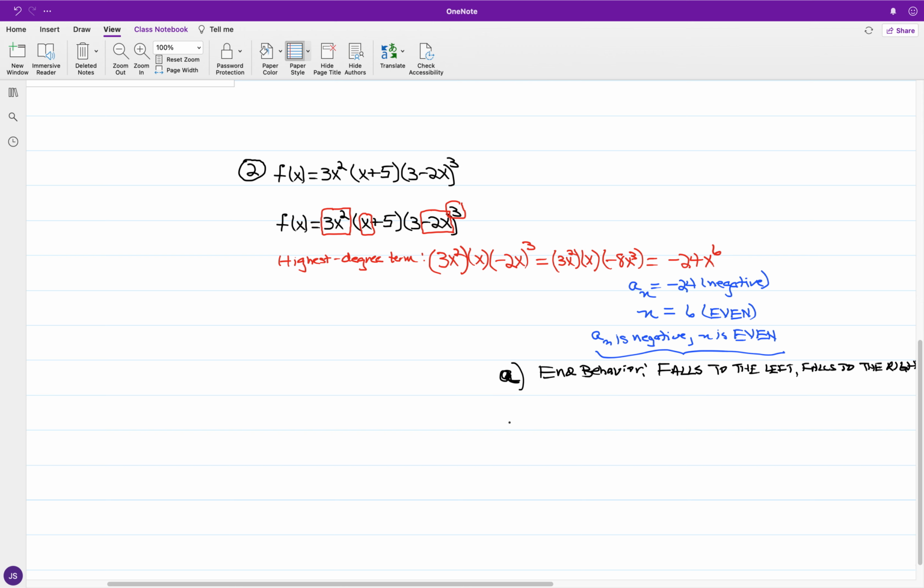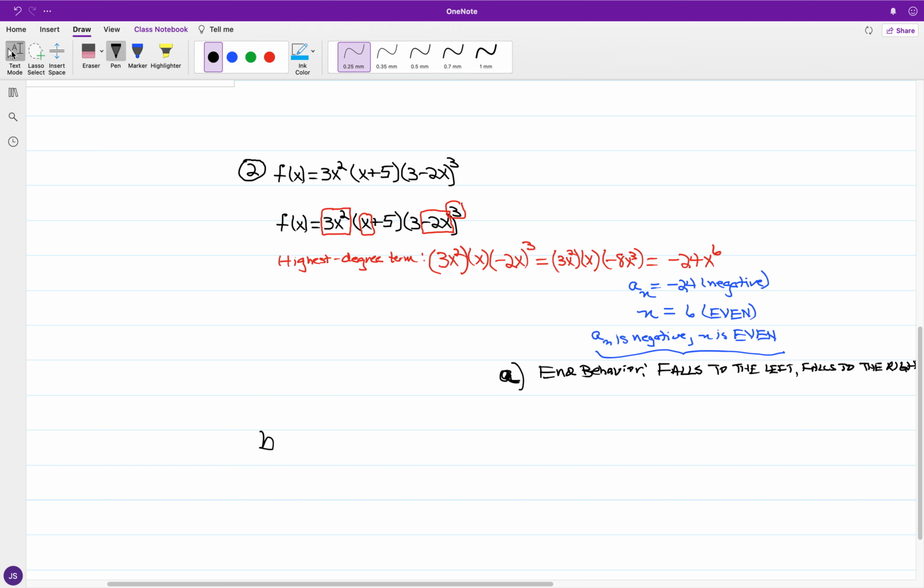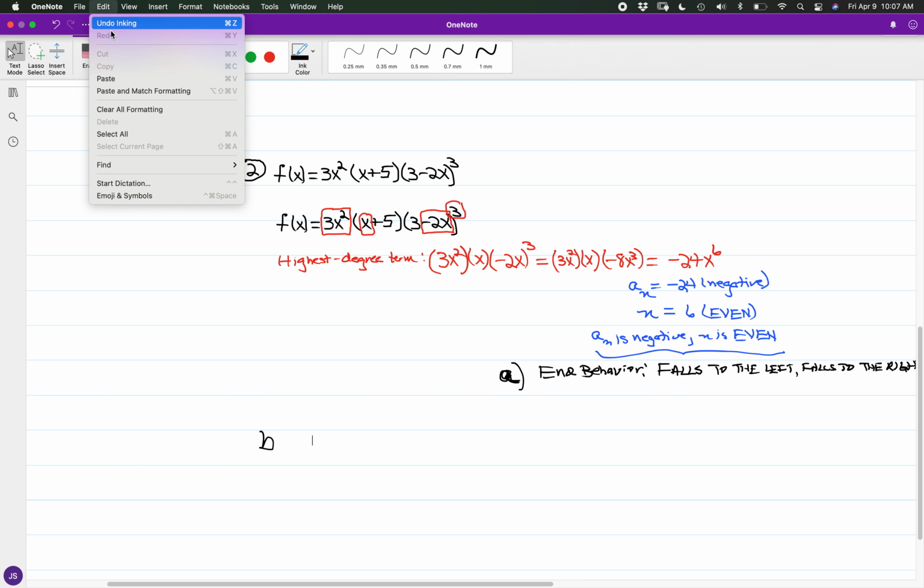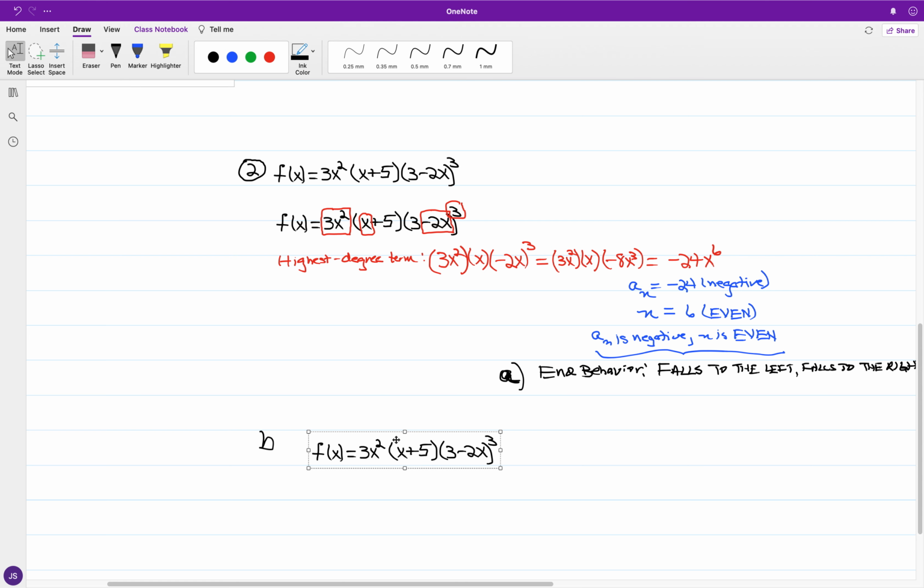Now, in the case of part B, looking for the zeros. We've got 3 distinct factors.